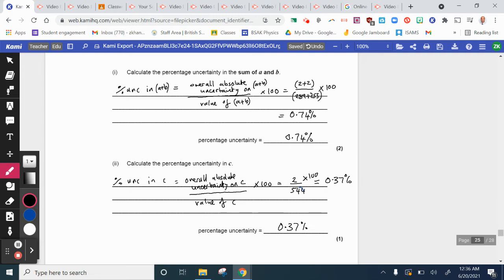So if we compare, the percentage uncertainty in C is 0.37%, but the percentage uncertainty in A plus B is 0.74%.